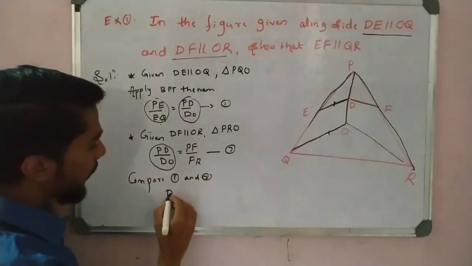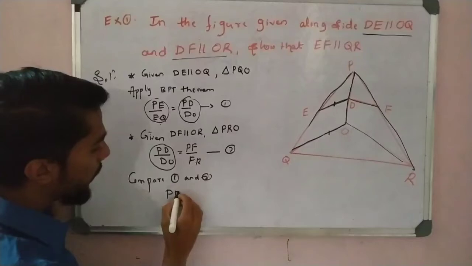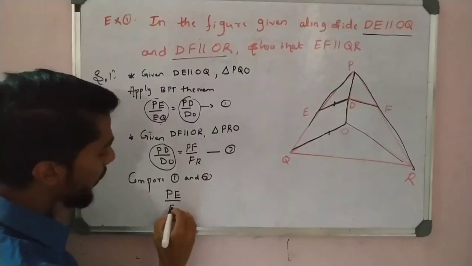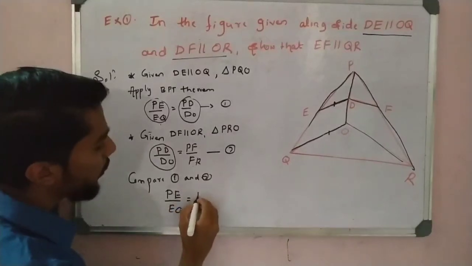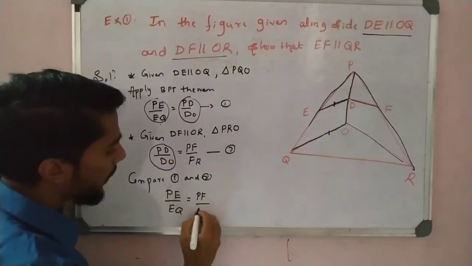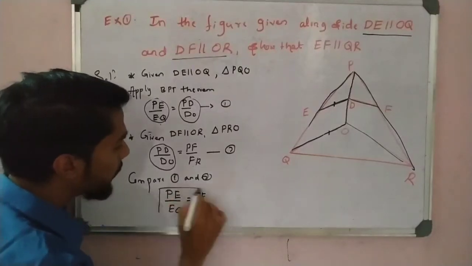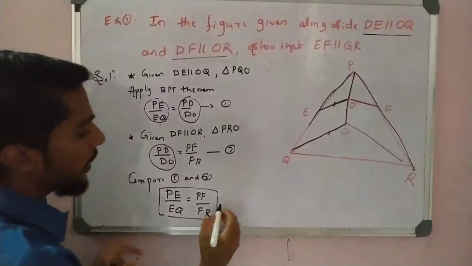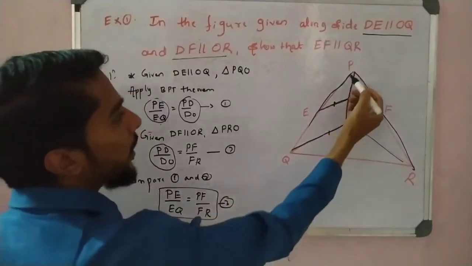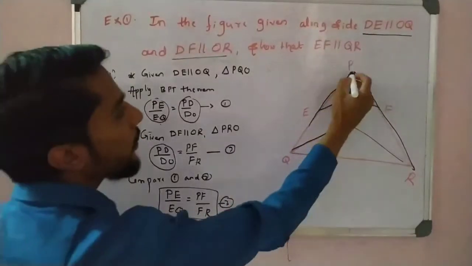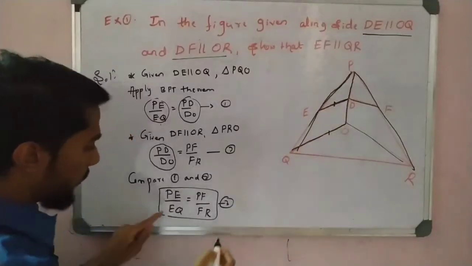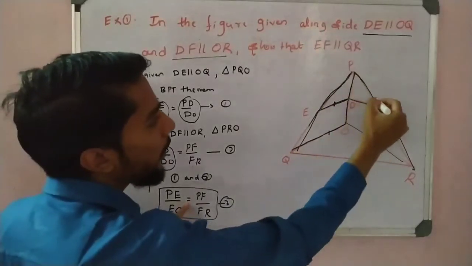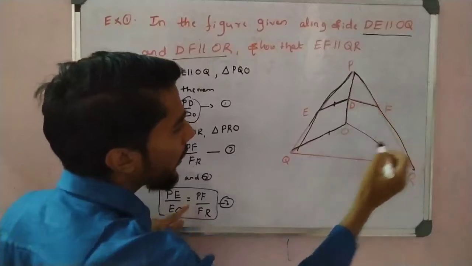Therefore, from equations 1 and 2, observe that PE divided by EQ is also equal to PF by FR. This is equation number 3.